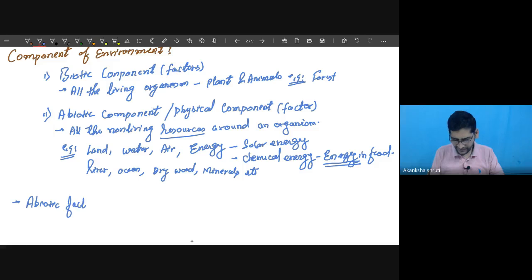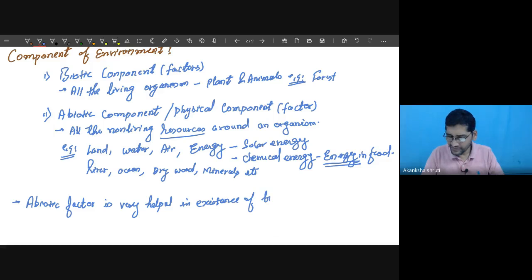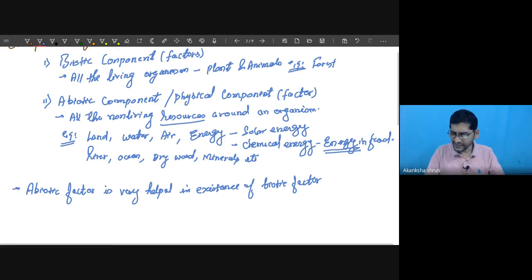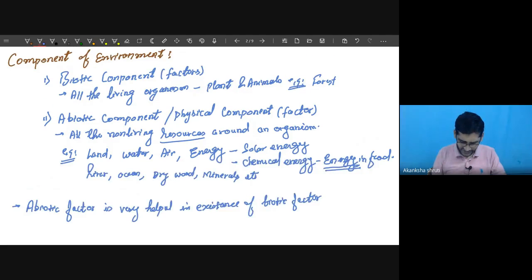The abiotic factor is very helpful in the existence of the biotic factor, because without the abiotic factor the biotic factor cannot exist.